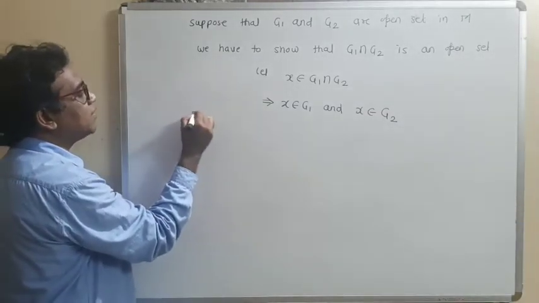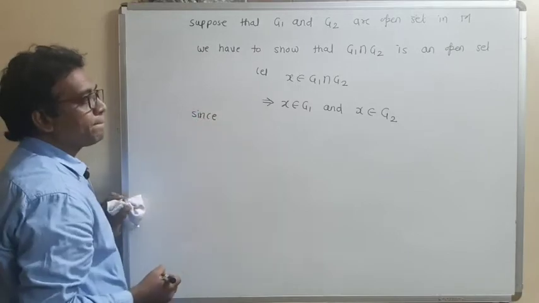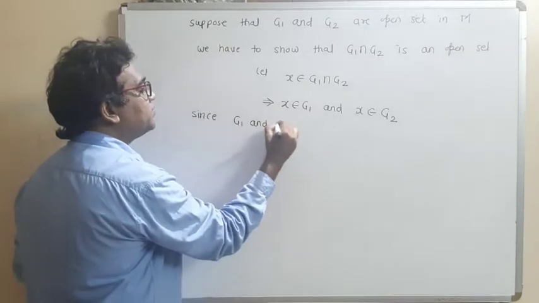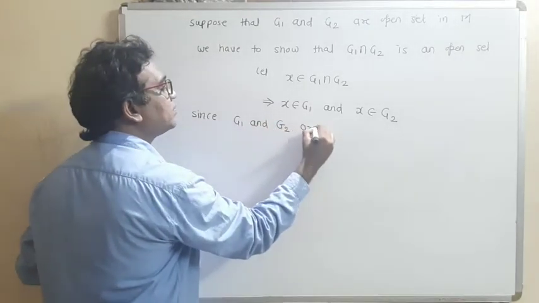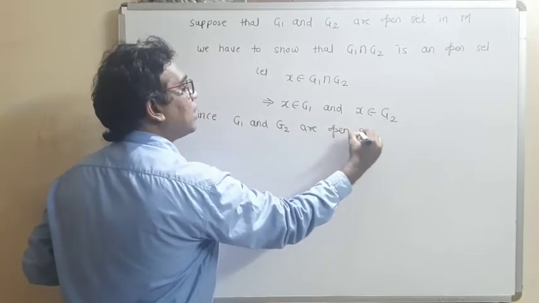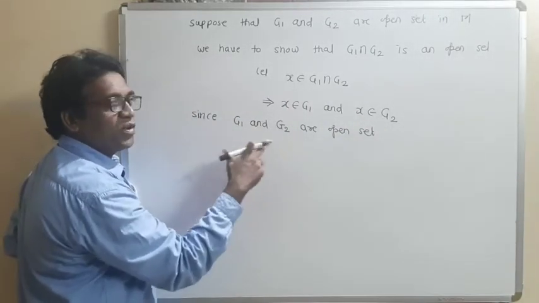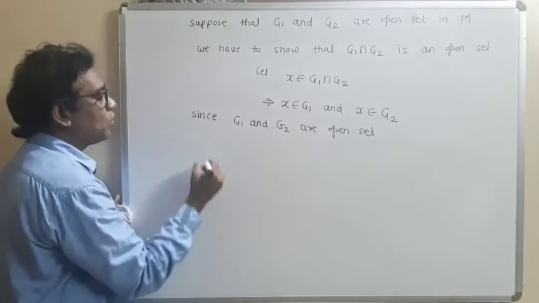Here is the reason: since G1 and G2 are open sets, this is given. So what is the definition of an open set?